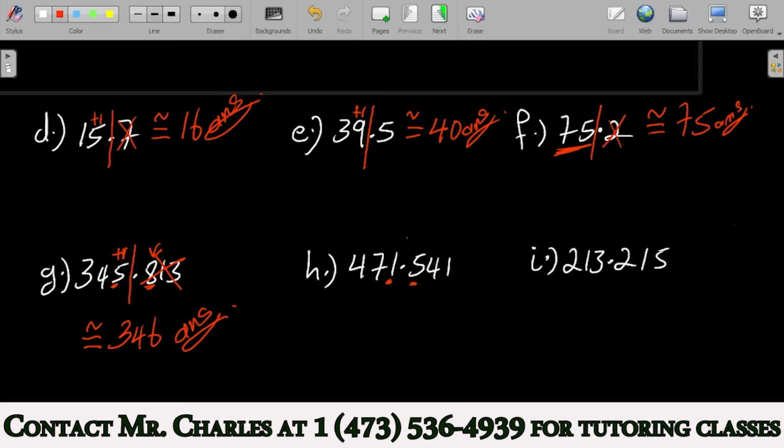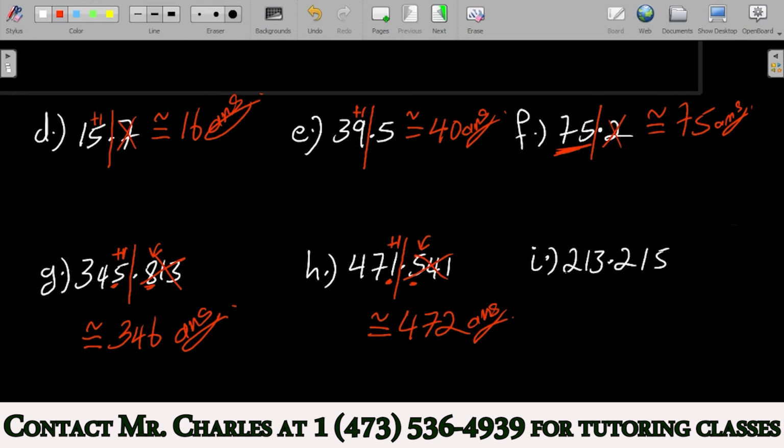So the line comes between the 1 and the 5. Now the digit in the first decimal place is 5, so we have to add 1 to the digit in the ones place, which is 1. So 1 plus 1 is 2, so our answer would be approximately equal to 472. We dropped the 0.541, so our answer is 472.